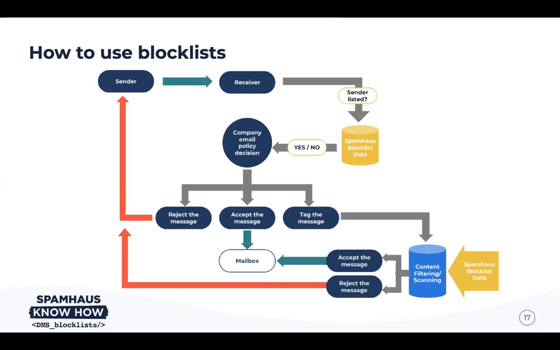With bots, with compromised machines, that means mostly what type of botnet they are a part of. And this allows customers to do correlation about their environment.